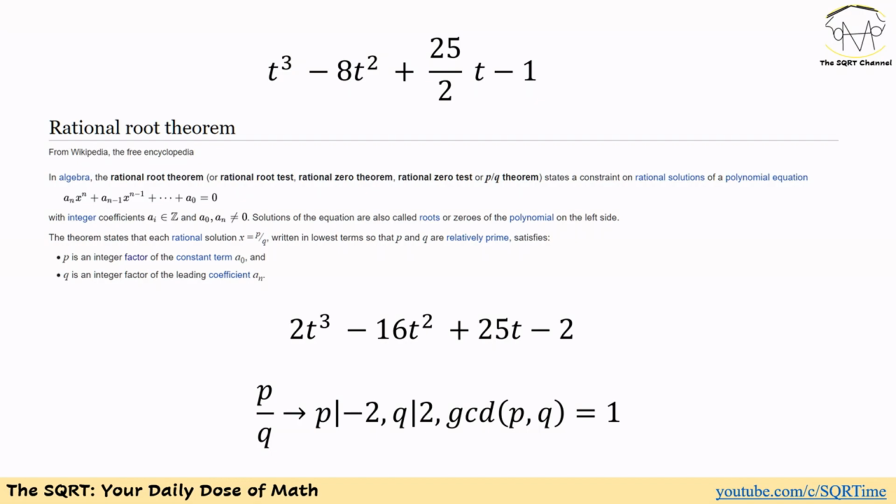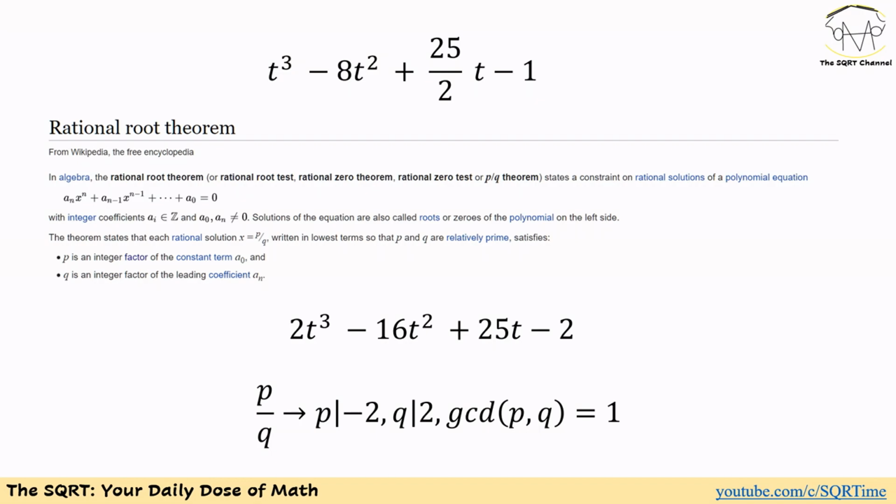To change that to an integer coefficient, we are going to multiply everything by 2. It doesn't affect the roots that we have here. So at the end, we have t to the power of 3 minus 16t to the power of 2 plus 25t minus 2. Now we are going to find the roots of this polynomial.